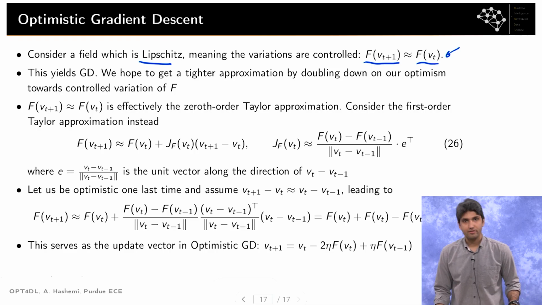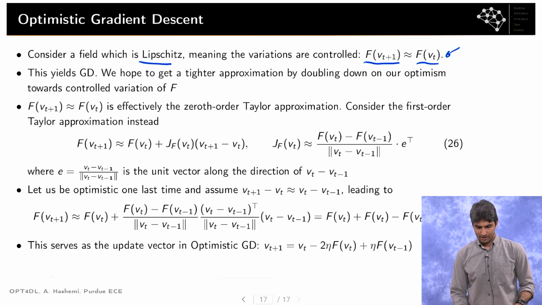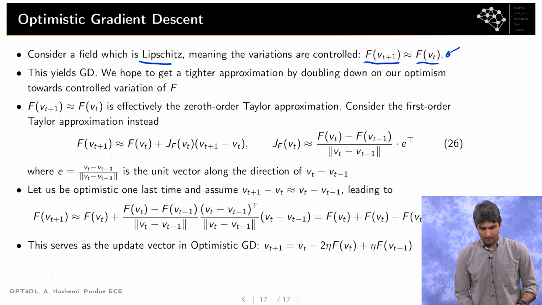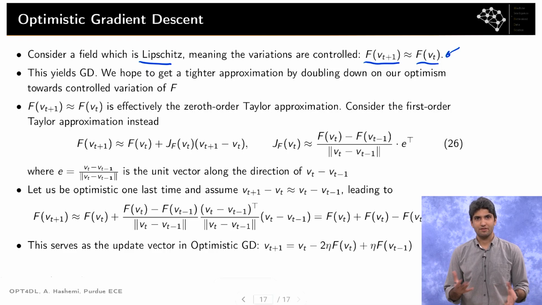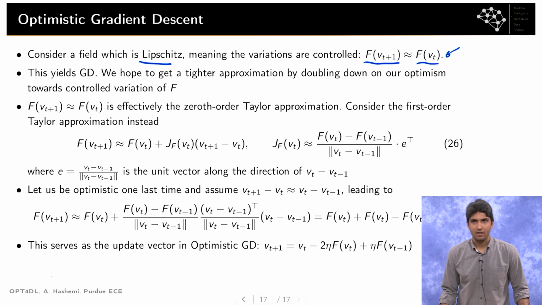In particular, the idea is that instead of writing the zero-order Taylor approximation, let's write the first-order Taylor approximation. It will look complicated. Now we're going to again make some assumptions and be optimistic, such that we can find a nice, simple-looking update.